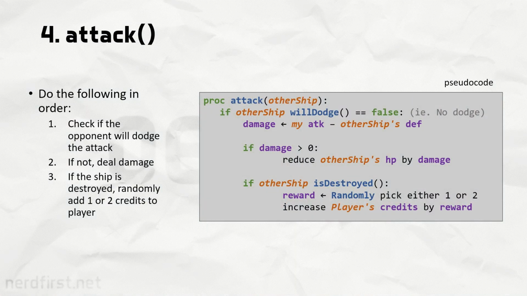Again, how hard we hit them depends on our own attack and their defense, right? So we do a calculation, we get a number, and that number gets factored into their health points. After the attack, we check to see if we did actually destroy the other ship. Again, this makes use of the method we've written. If the ship is indeed destroyed, then give the player some credits, 1 or 2, randomly. Essentially, this function ties everything together.